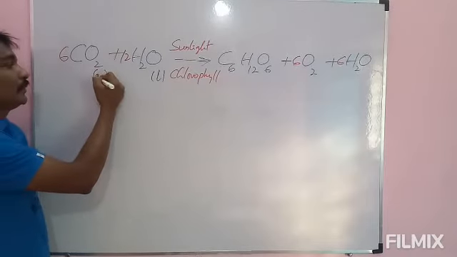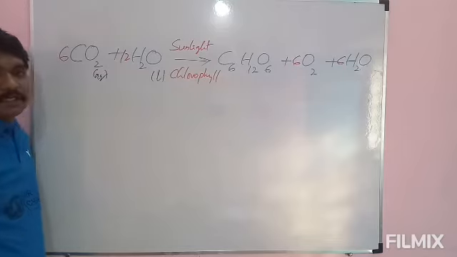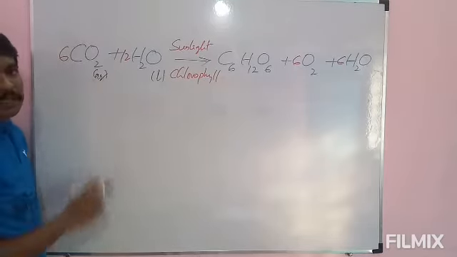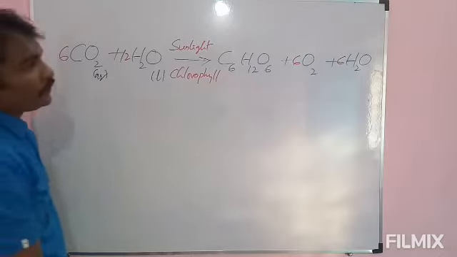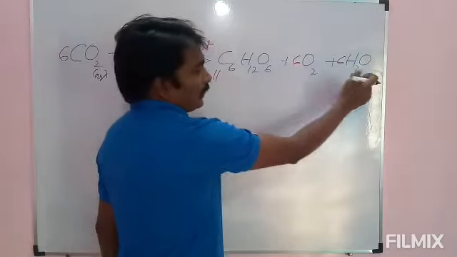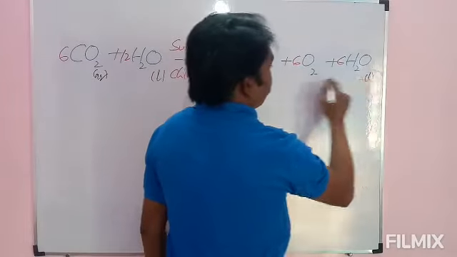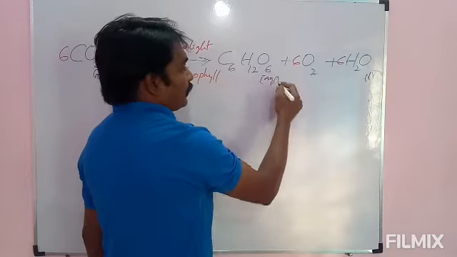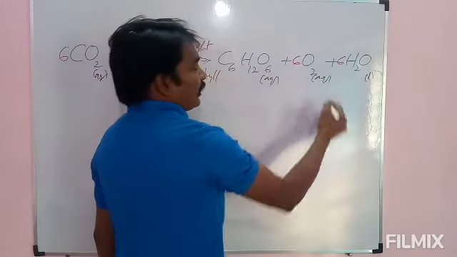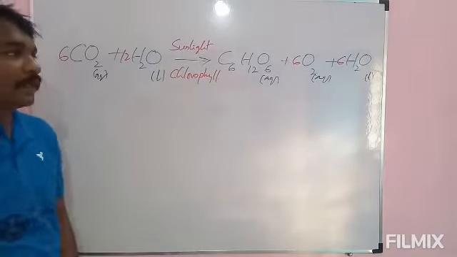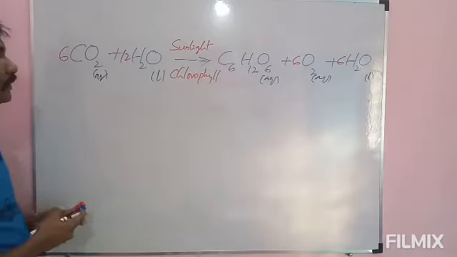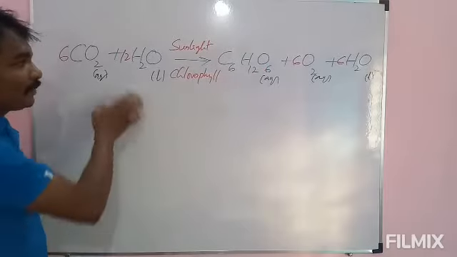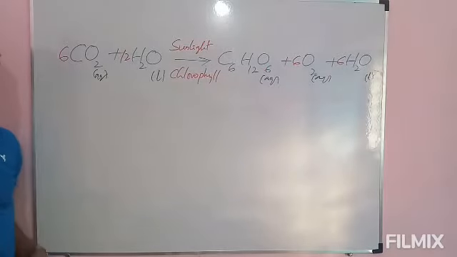Aqueous state means in presence of water. That's why we are changing gas to aqueous state. And here also water is there. That's why we will write the remaining two substances in aqueous state. Just keep that in your mind. Whenever there is water on the reactant side or product side, we will write the remaining substances in aqueous state.